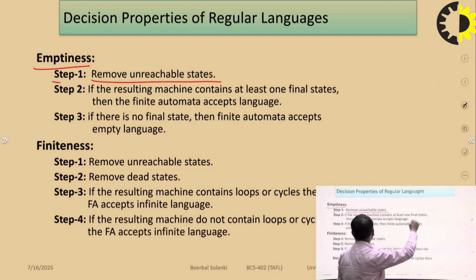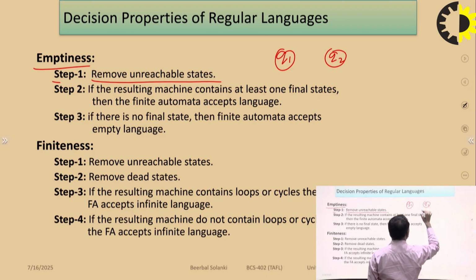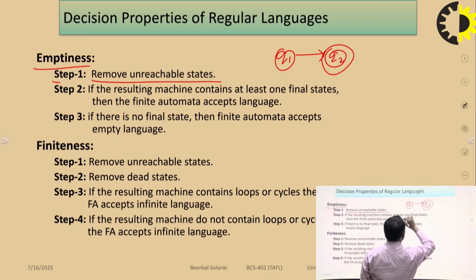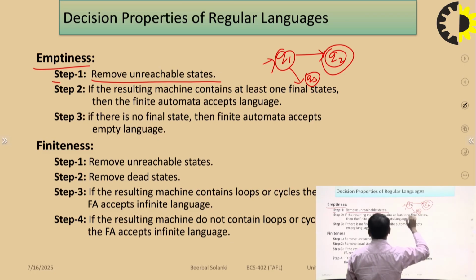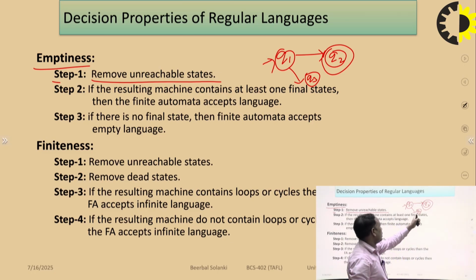Suppose here Q1 and Q2. Q2 is simply the final state and Q1 is the initial state, and Q3 is also a state. Here we see Q3 is an unreachable state.